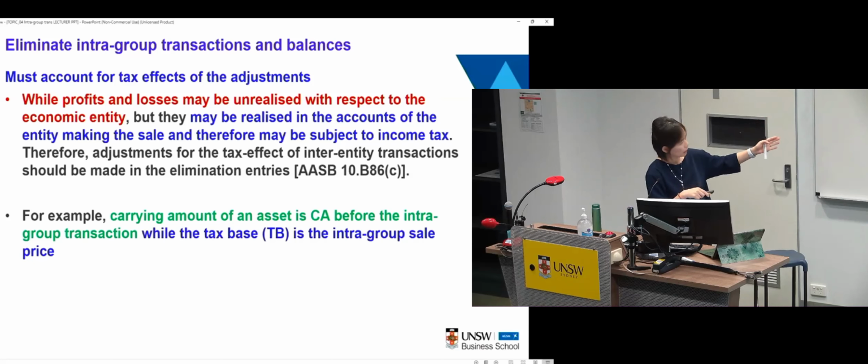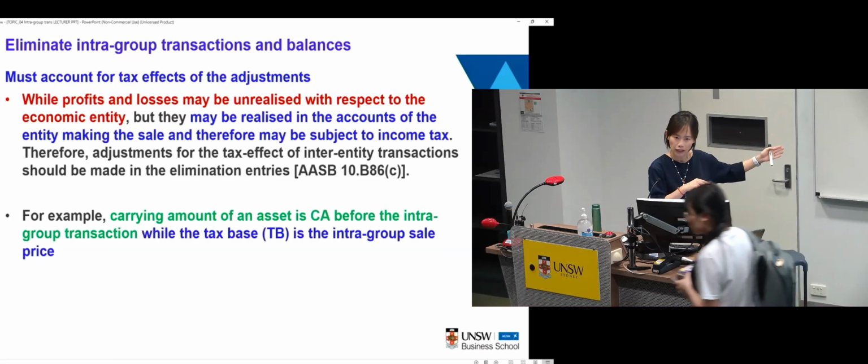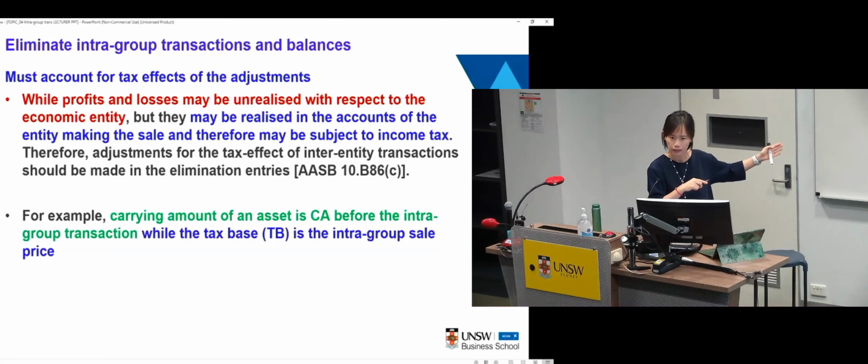When the parent company sells the inventory to the subsidiary and recognizes 2,000 profit in its accounts, does the parent pay the tax on that 2,000 profit earned in that year? Yes, right? However, from the group viewpoint, do you need to pay tax for that profit? No, because it remains unrealized, right? So from the group viewpoint, we don't need to pay tax on that 2,000 profit, but the parent company already paid the tax.